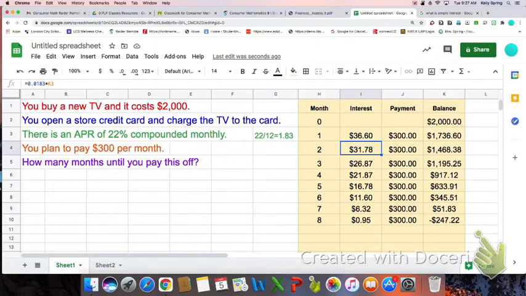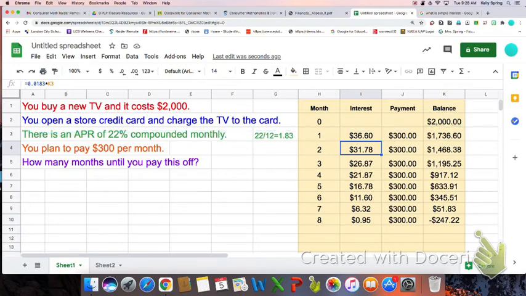Now let's look at what we have. When you copy and paste formulas, it's good to always check them and make sure it was done correctly. So here, if we look at month 2, my interest in this cell, it says again 0.0183 times K3. So times that previous month's balance, K3.